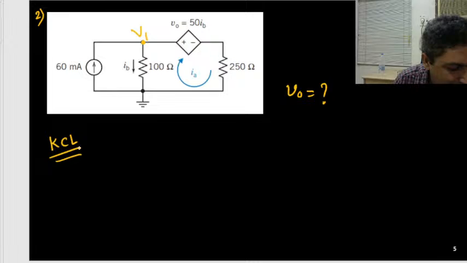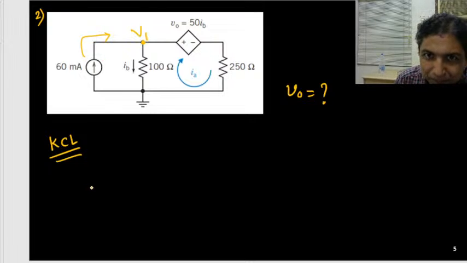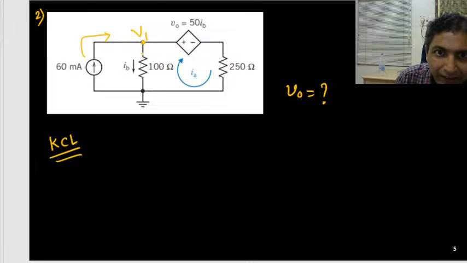We can apply KCL. So this is your incoming current, 60 milliampere. Okay. And this is the outgoing current, that is your IB. And on this side there is voltage and current, all the things.